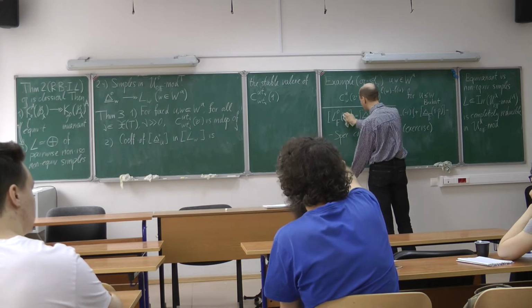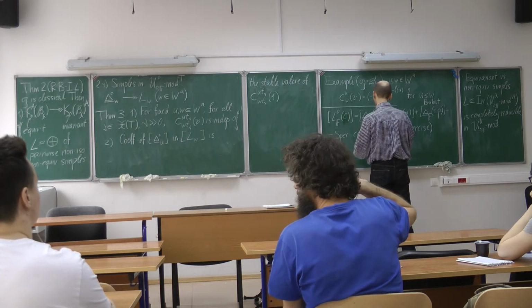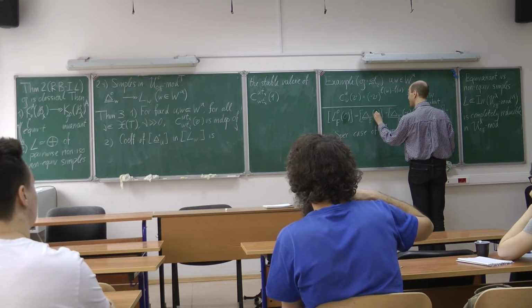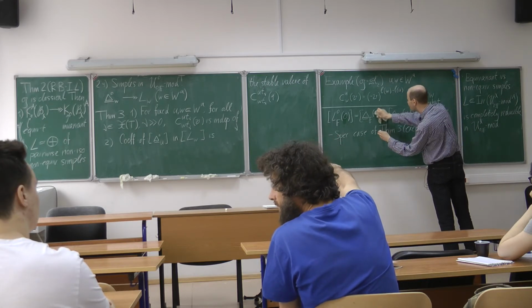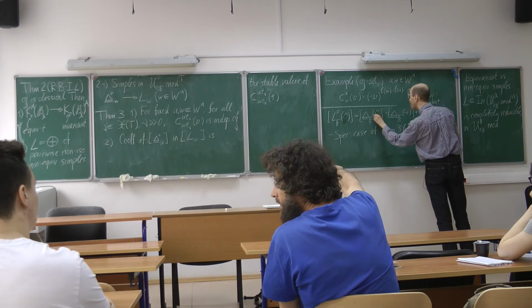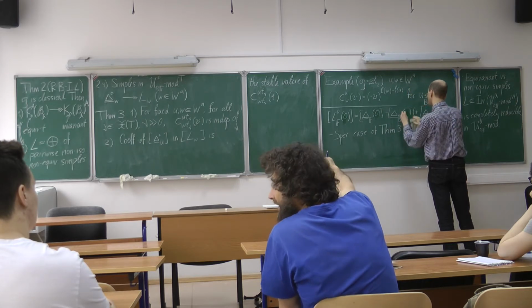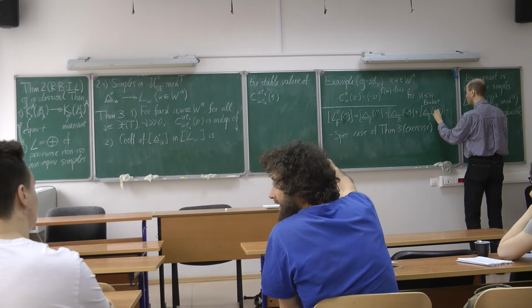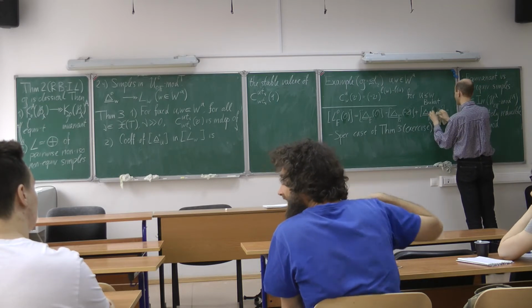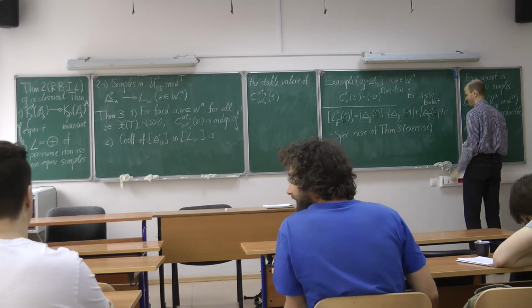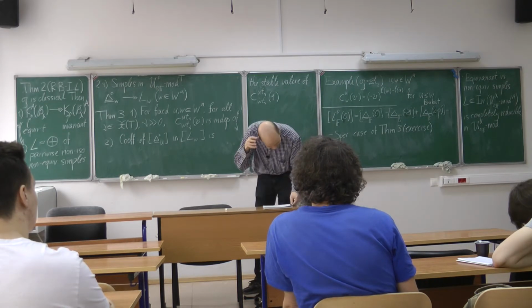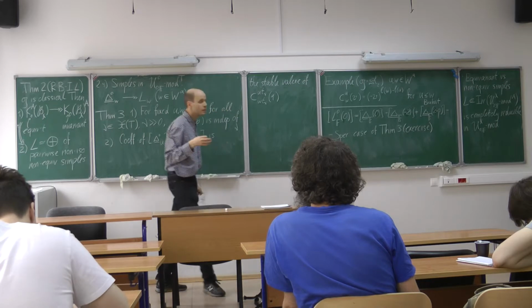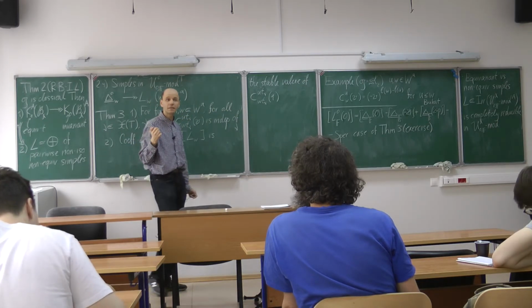Sorry, it's shifted, so it should be 0 minus 2. Highest weight is 0 minus 2, and 2 minus p. My apologies, it was just shifted by rho. Okay, questions?